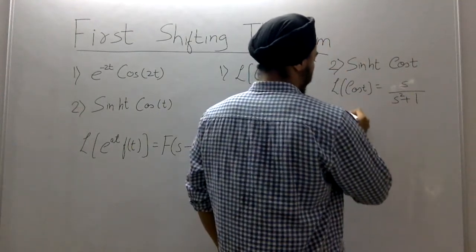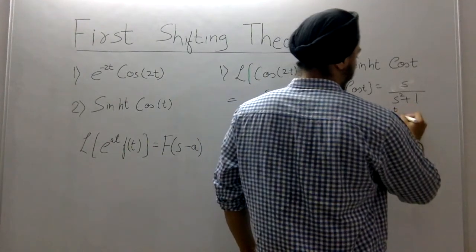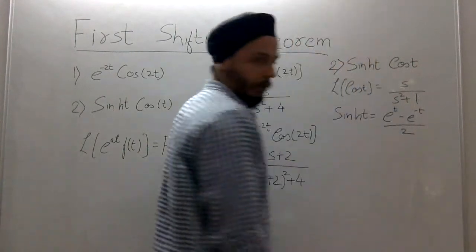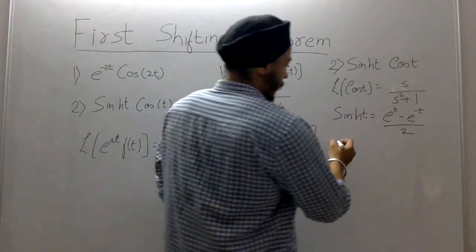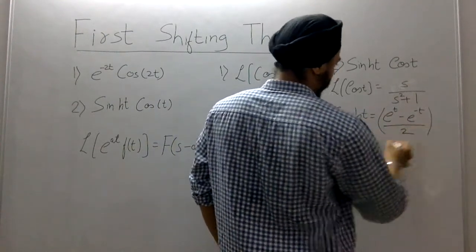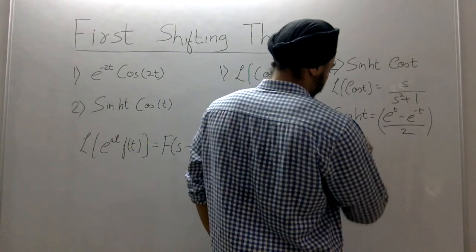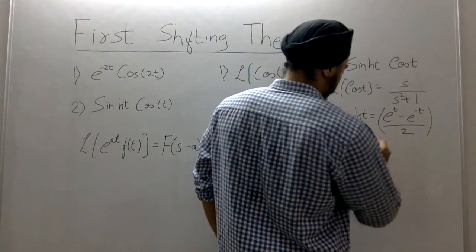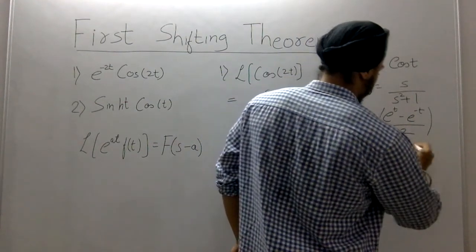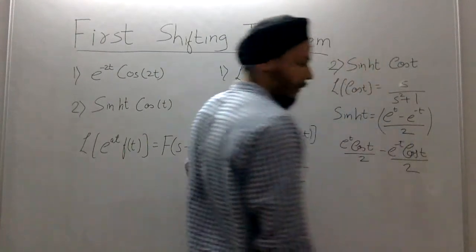Now we know that sin hyperbolic t is equal to e to the power t minus e to the power minus t by 2. Correct? So cos t will get multiplied by this function, which will be equal to e to the power t cos t by 2 minus e to the power minus t cos t by 2.